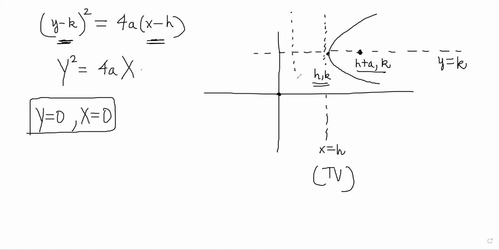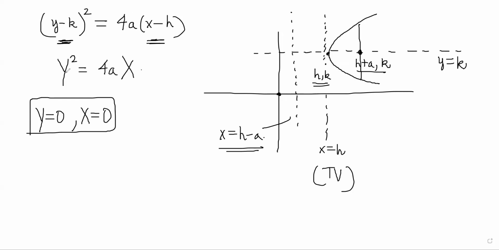The directrix line would be here, which will be x is equal to h minus a, right? So that becomes your directrix. And the latus rectum is here, and latus rectum length is the same.